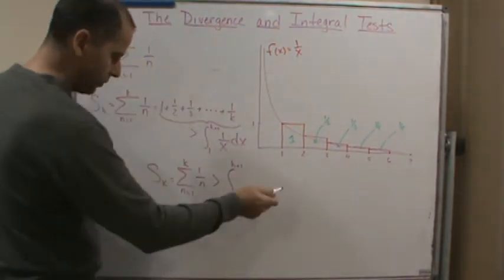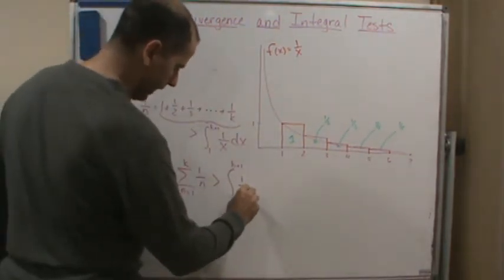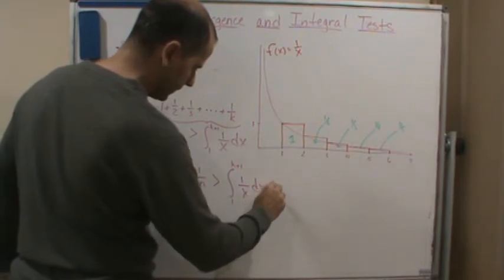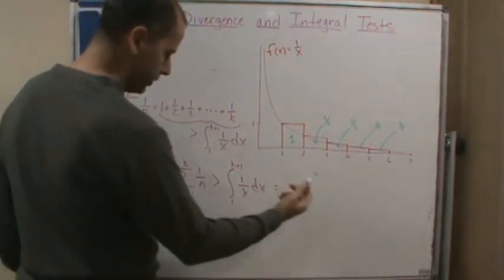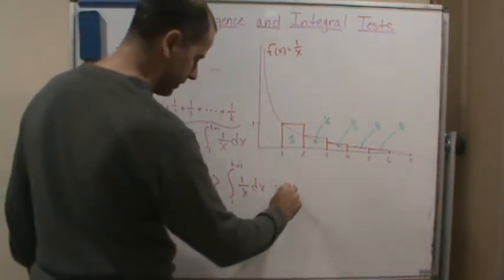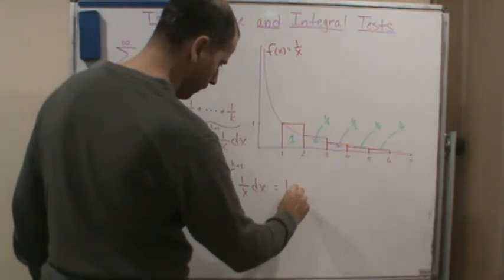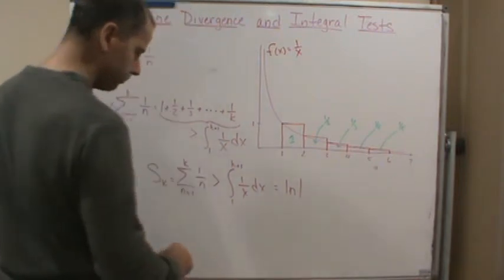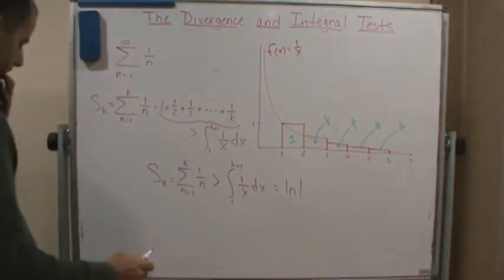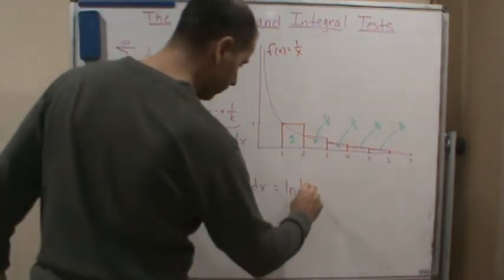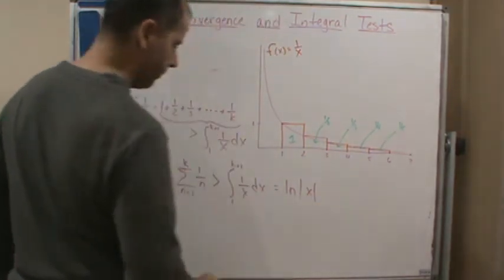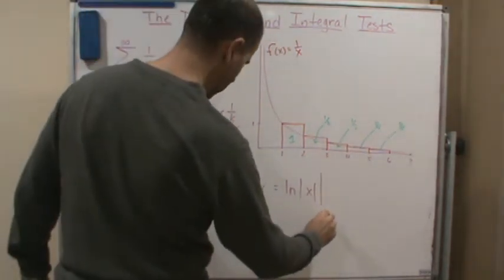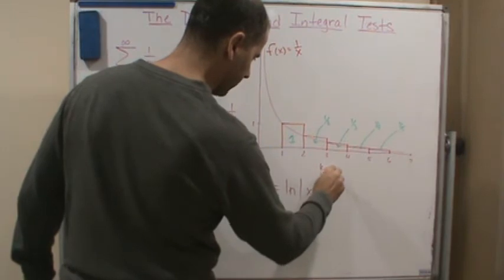Okay, so now it's going to be the integral of 1/x dx. What this is equal to, obviously you integrate this, is the natural log of the absolute value of x, evaluated from 1 to k plus 1.